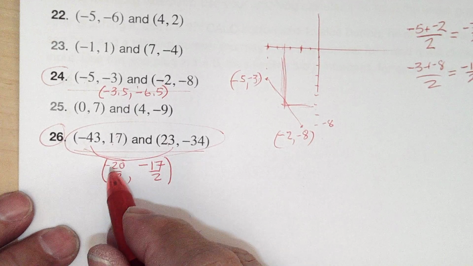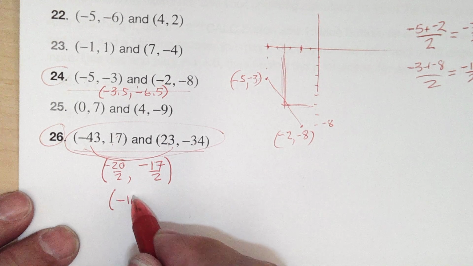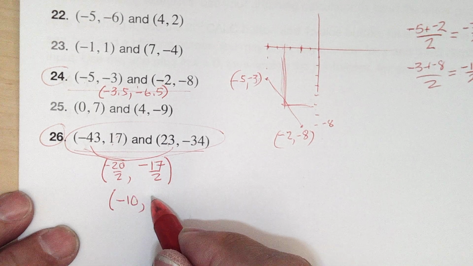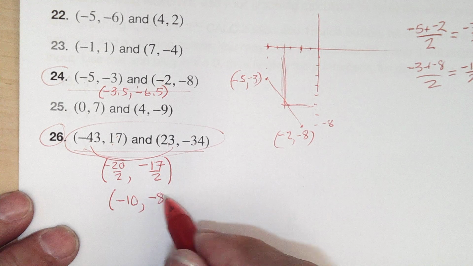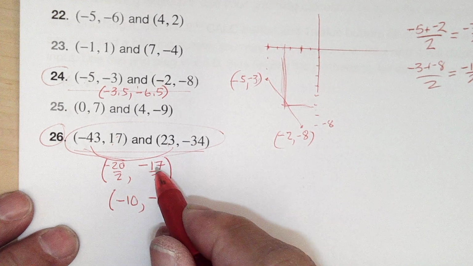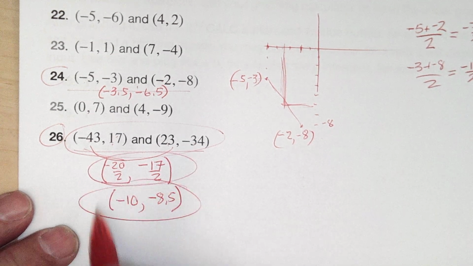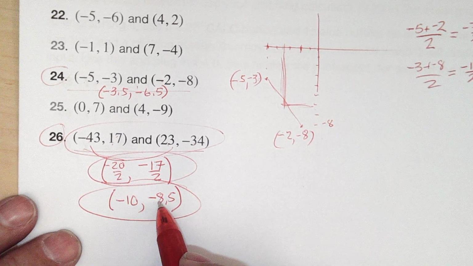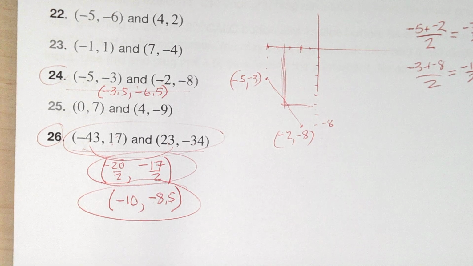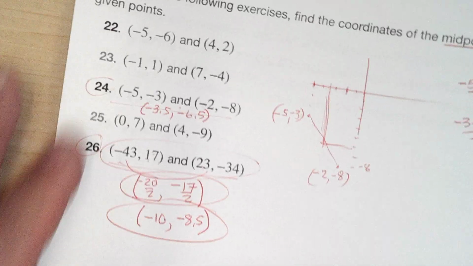So the midpoint's at negative 10 and negative 17 over 2. You could have left it this way, or you might have called it negative 8.5. That's how you find midpoints.